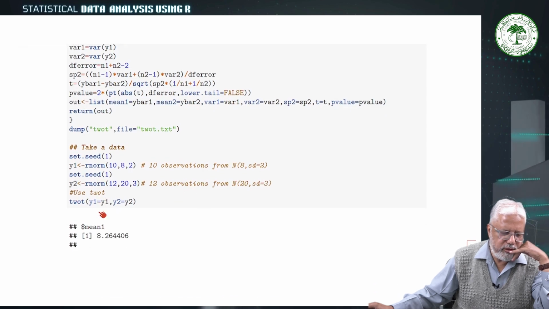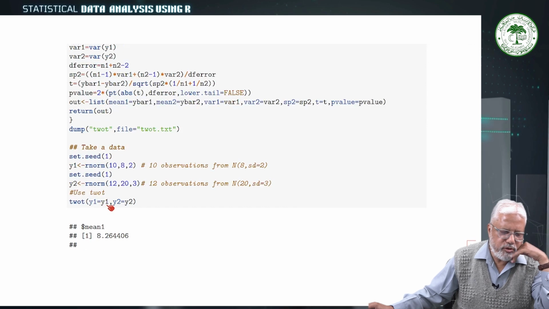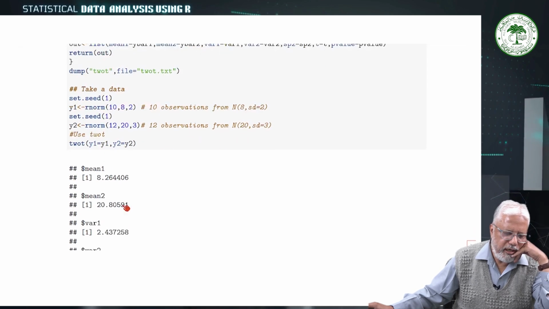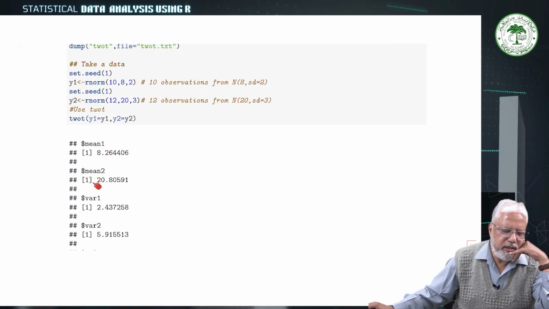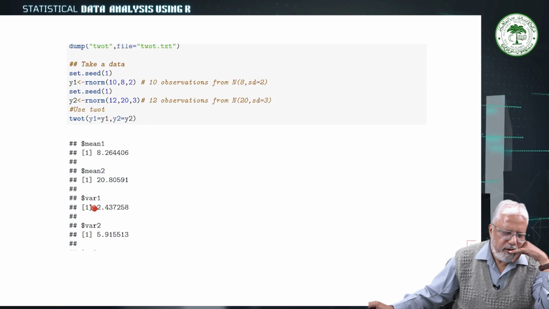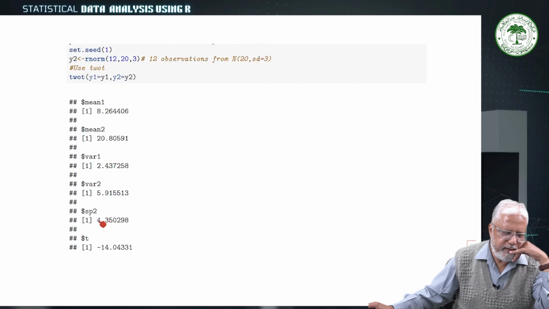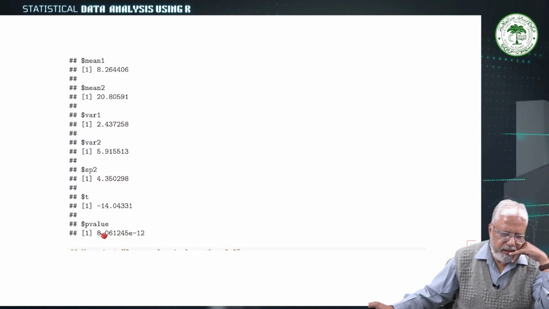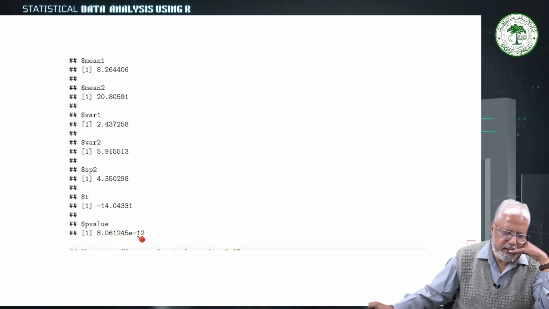Now we use the t-test to test y1 is equal to y2, and this is the output. Mean 1 is 8.26, mean 2 is 20 point something, var 1 is 2.43, var 2 is 5.9, sp square is 4.3, the t value is minus 14, and the p value is 8.06 into 10 raised to the power minus 12.